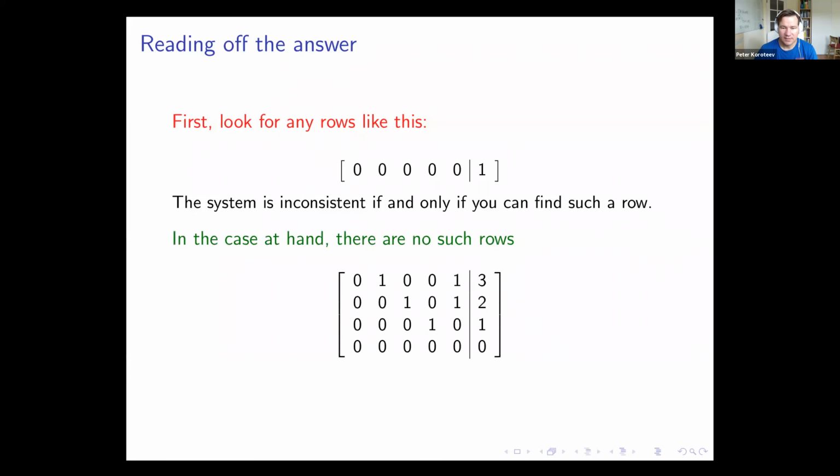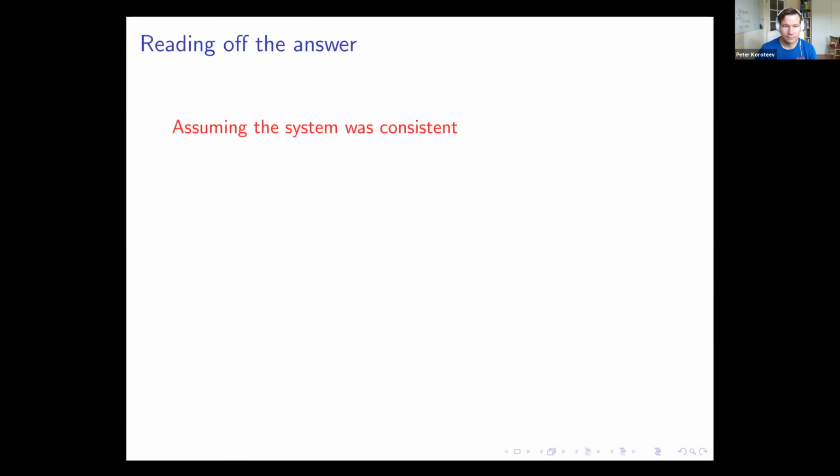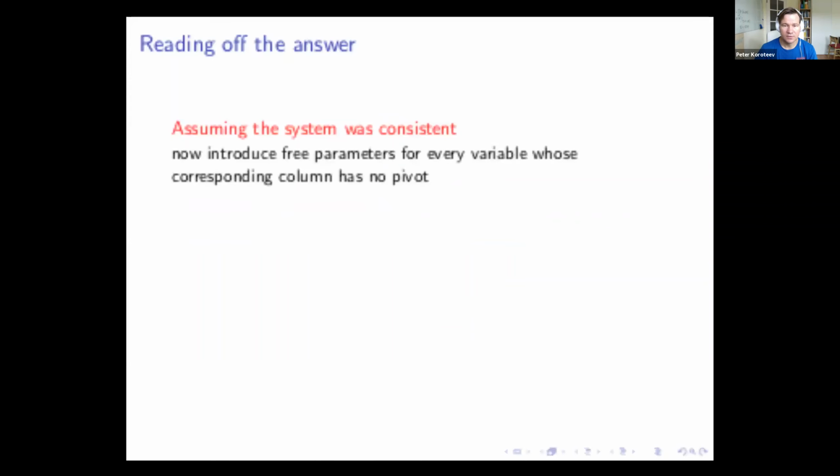But in our case, there are no such rows, so we can proceed. It is a consistent system. We now introduce parameters for every variable whose corresponding column has no pivot, where there is no 1.